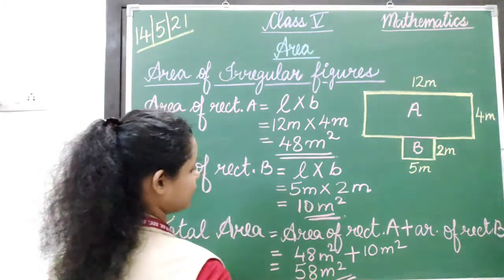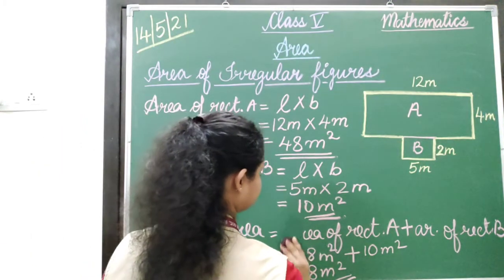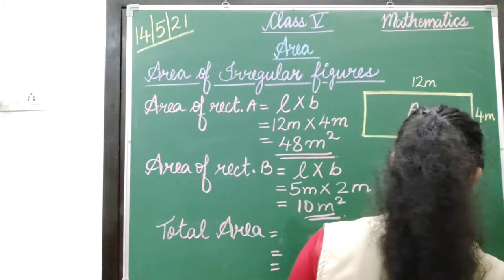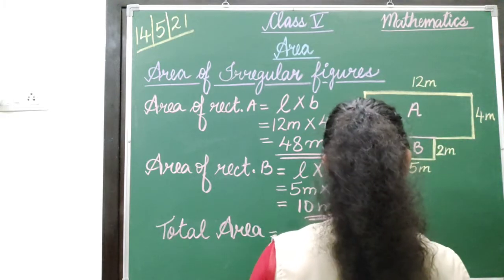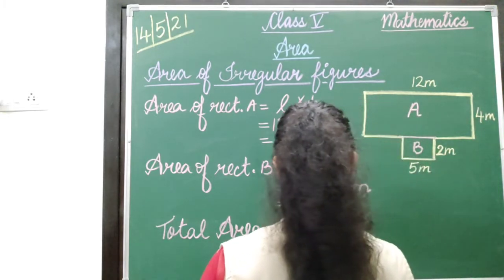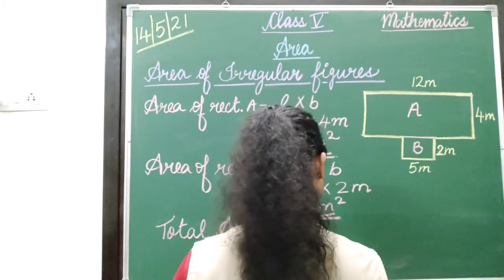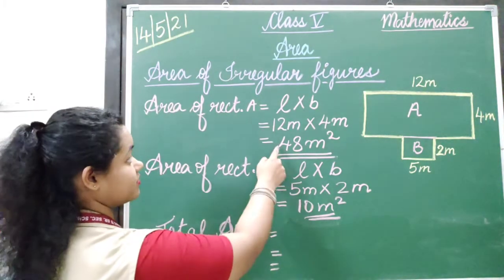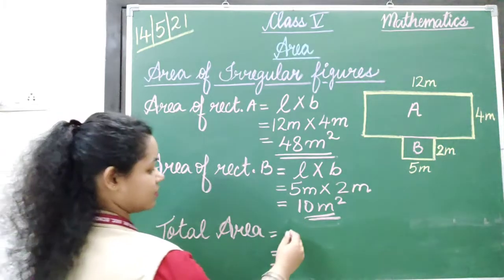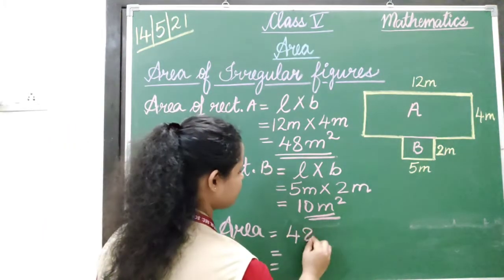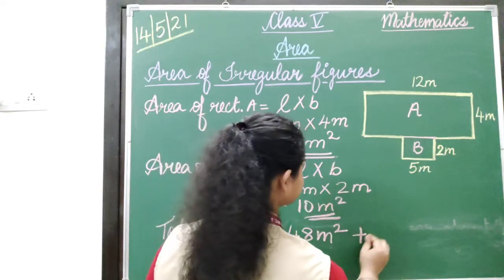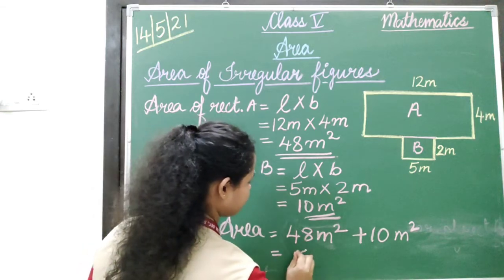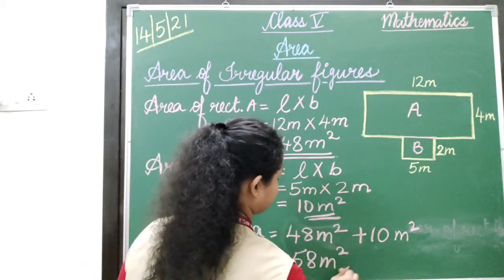Or else, one more thing you can do is just write the areas of both the rectangles together. 48 meter square plus 10 meter square, which is equals to 58 meter square.